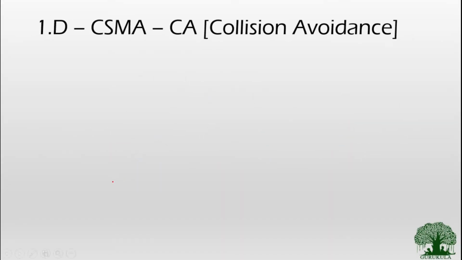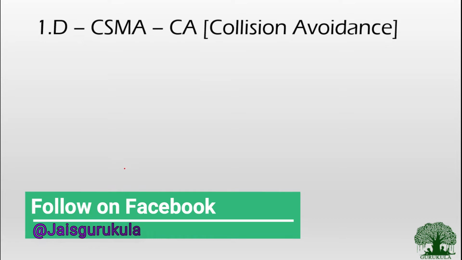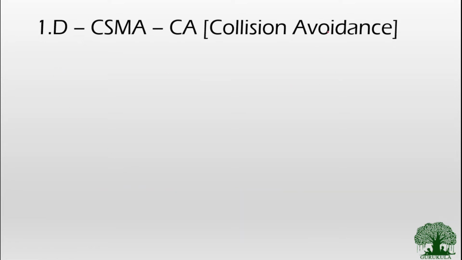To understand what CSMA CA is, we should try to differentiate it from CSMA CD. Let us assume a small example. Let's take a highway or a road, and a person who is standing over here wants to cross from this side to this side.